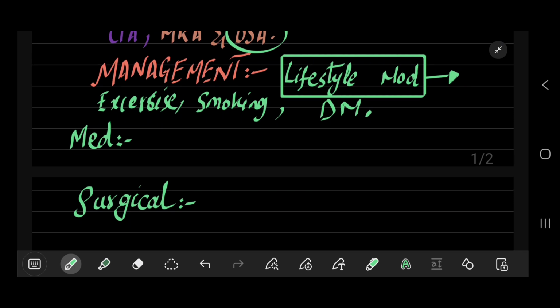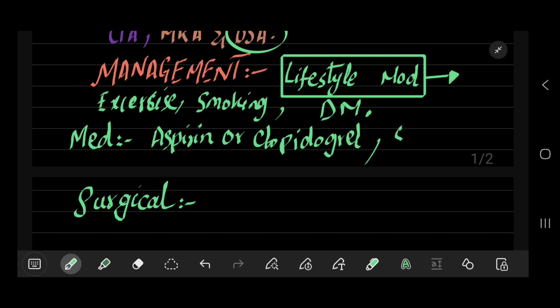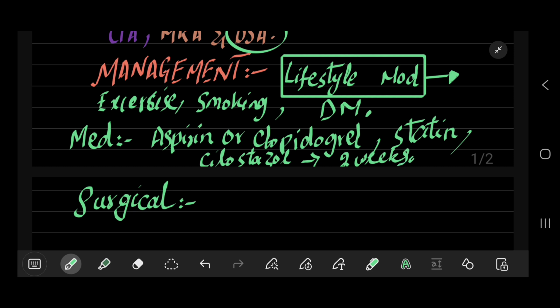You can use some medications for the management of peripheral arterial disease, among which are antiplatelet therapy, either aspirin or clopidogrel. In addition to these two agents, you can give a statin, either atorvastatin or rosuvastatin 80 mg, and cilostazol. Cilostazol is a drug that helps in vasodilation and also has antiplatelet properties, but it takes 2 weeks to produce improvement.